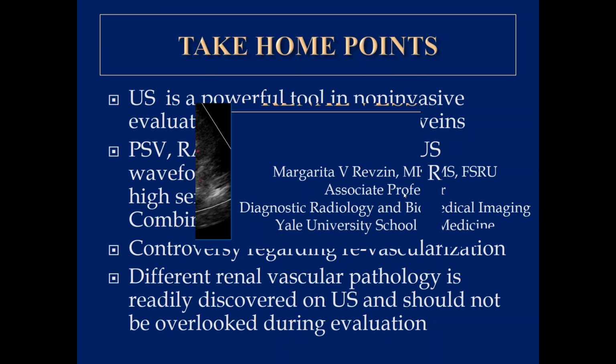And 0.75 is considered the threshold to call it a high resistive index or not. So we usually use the resistive index to say that there is probably medical renal disease or any other process that may be affecting the kidney, but it's a non-specific abnormality if we detect a resistive index greater than 0.75, and we don't usually use it for evaluation of renal artery stenosis.